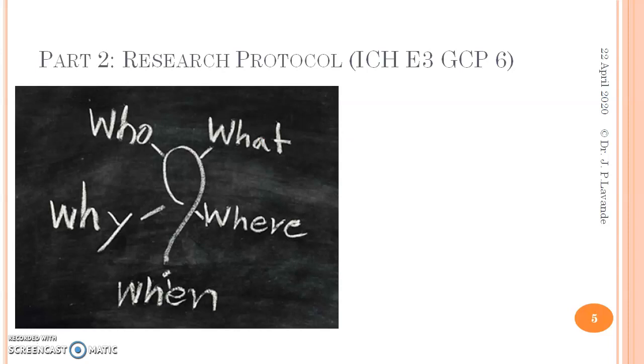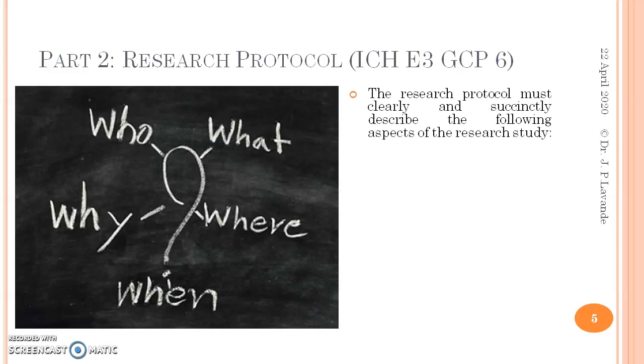So whenever one has to go for clinical research, before that he has to think: what, where, when, why and who. That means all these questions and the answers to these questions comprise the clinical research protocol.